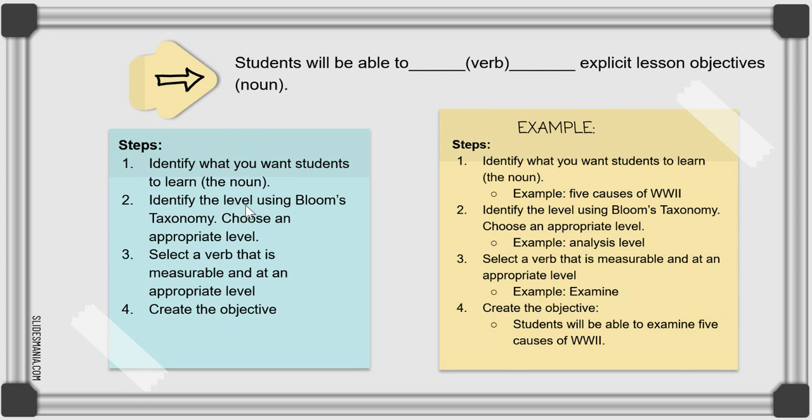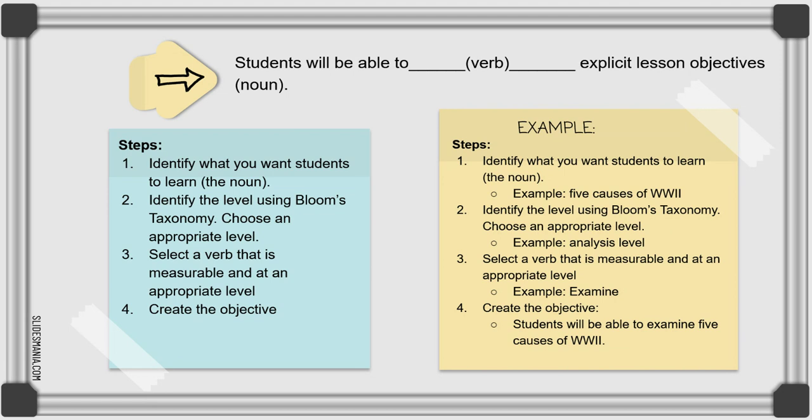Then you're going to determine the level, and from looking at the standard, select the verb that is measurable, and that is key. And of course, is it at an appropriate level? If it's an introduction to a subject, and I'm a social studies teacher, so I have a little bit more bullet points and standard detail than if you were in English or science, and you'll see that as we go on.